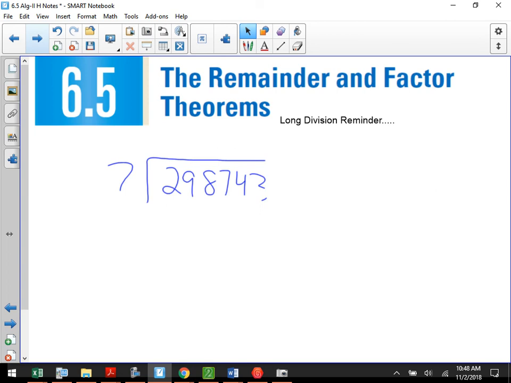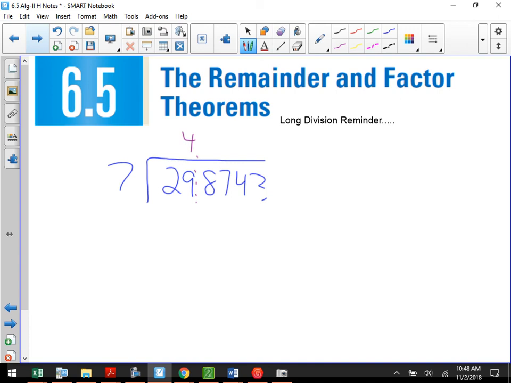So when you did long division, you'd say, hey, does 7 go into 2? And you would say, no. Does 7 go into 29? Yes. How many times? 4. So when you put the 4 above the 29, that meant you're putting it directly above the one that you know that it works with.